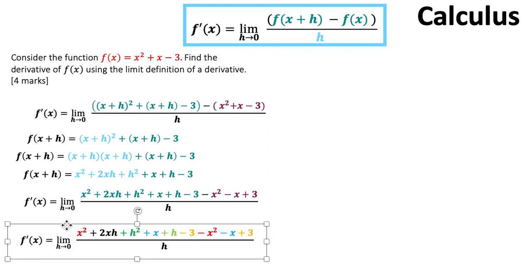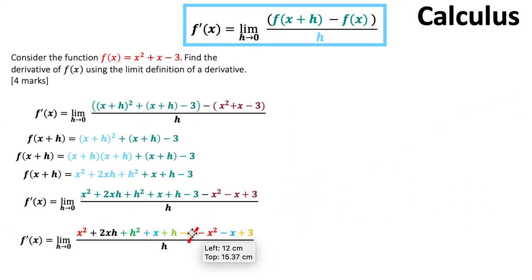This is the exact same equation, but I color coded it. So you can see here, this is positive x squared, negative x squared, positive x, negative x, negative 3, positive 3. And so these can just cancel each other out, because minus 3 plus 3, that's just going to do 0, and that's not going to affect anything.